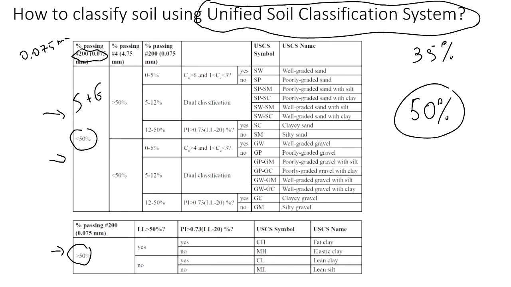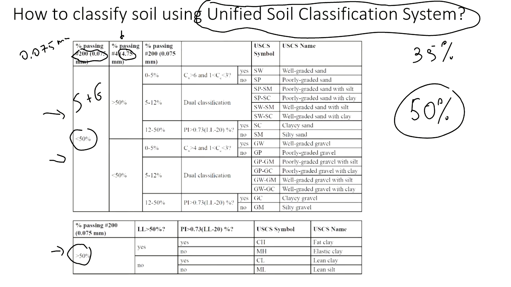And another difference here is, remember how for the other classification system, we see whether we have more sand or gravel. We basically do the same thing in this classification system, but we are going to change the boundary. The one that we used in the Australian standard is 2.36, but here it's 4.75.